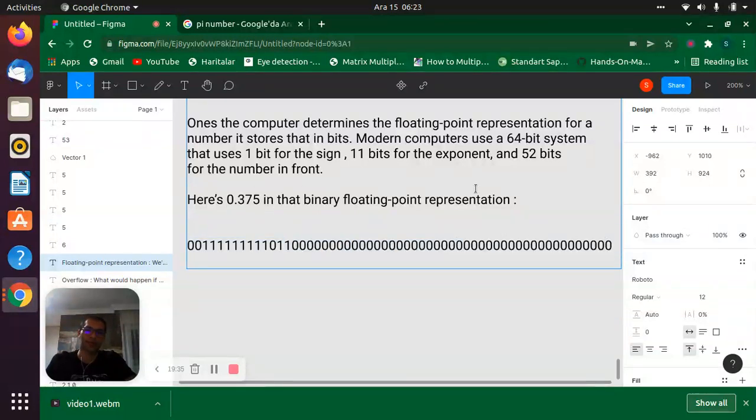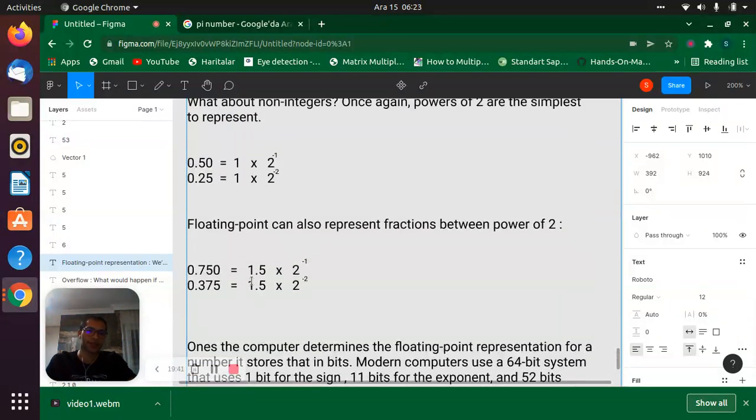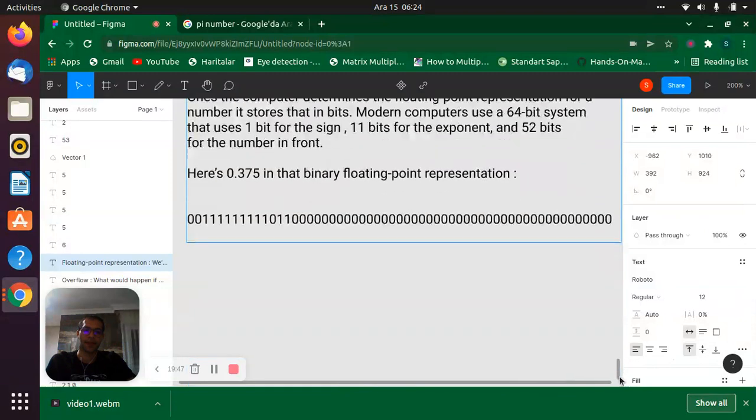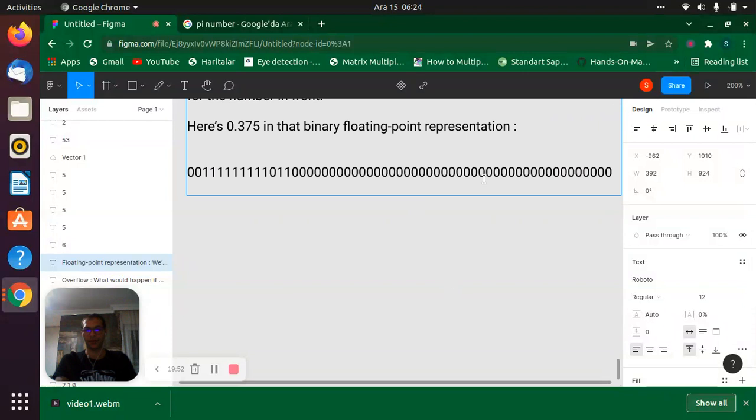I showed you this one, the 11-number representation is like that. The other one is just zero, so nothing there. But this is crazy, really. If you count it, there will be crazy numbers there.